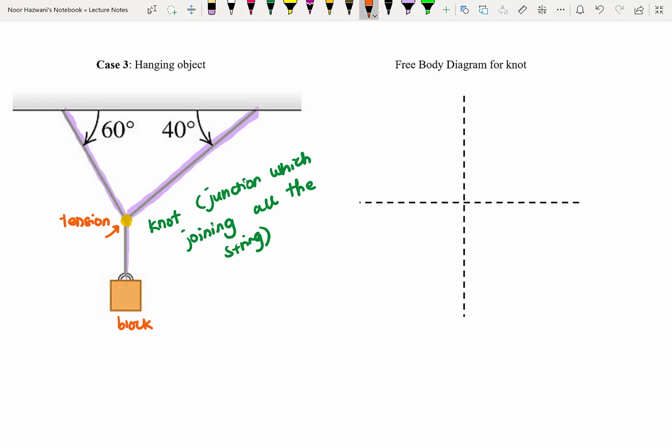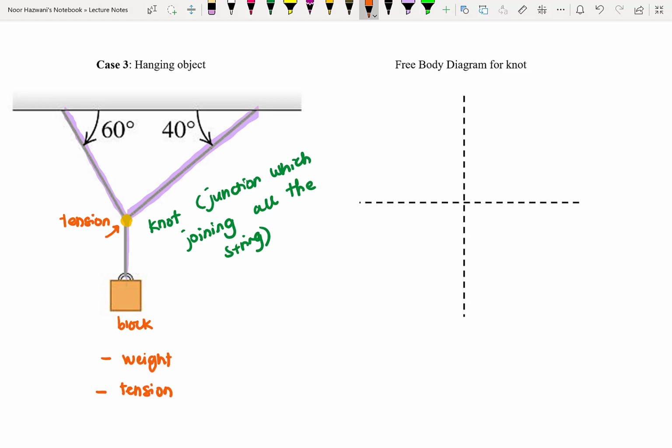But for the block, since the block has mass, it is going to have weight. And also since it is tied by a string, therefore it also has tension. Okay, now it's time to draw the free body diagram.